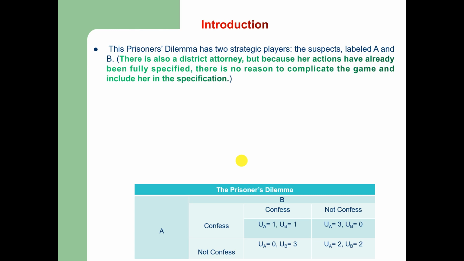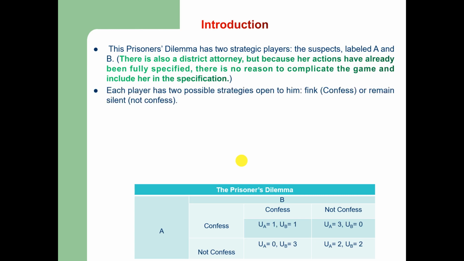So we have just two strategic players, player A and player B. Each player has two possible strategies open to him, that is, to confess or not to confess. Confessing means implicating the other, and not confessing means remaining silent. Therefore, we write their strategy sets as SA and SB, each a set of two possible strategies: confess and not confess.